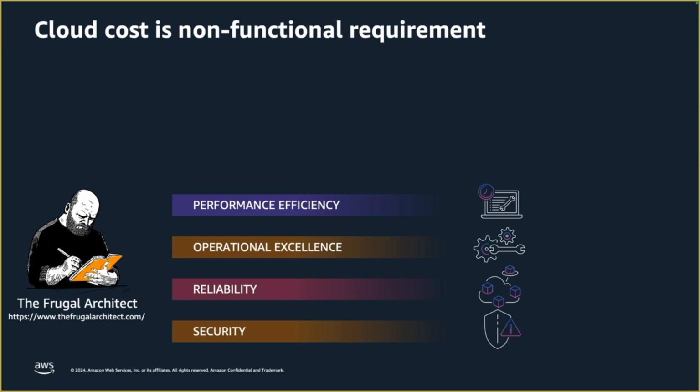In the cloud, every architectural decision is a purchase decision. If you make any change in the different pillars of the Well-Architected Framework, like performance, operational excellence, reliability, security, those changes most likely will be reflected in the cost.